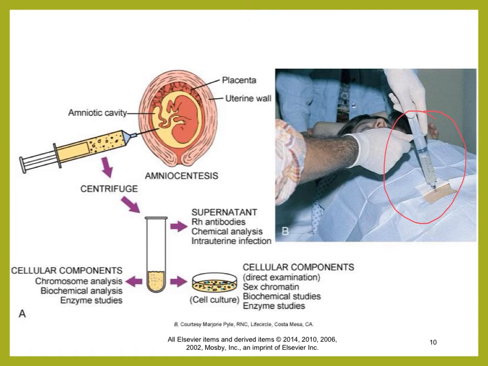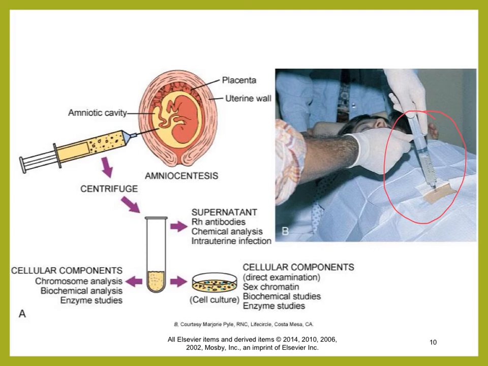What we need to know is there are some complications that could occur. In regard to mom, those complications could be leakage of amniotic fluid, hemorrhage. There could also be possible Rh isoimmunization, infection. Remember, if we have an Rh negative mom and a positive baby, they're mixing blood and they don't like that.